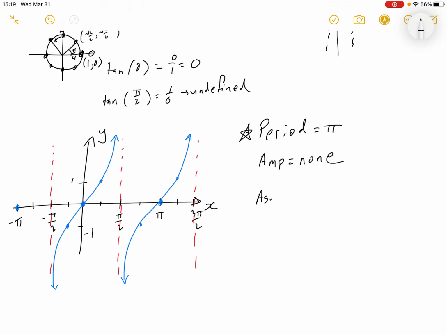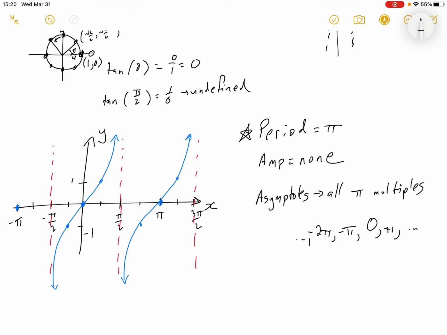The next thing to note is its asymptotes. So the asymptotes for tangent are all pi multiples. So for example, we have -2 pi, -pi, 0 pi, etc. So those are the asymptotes.